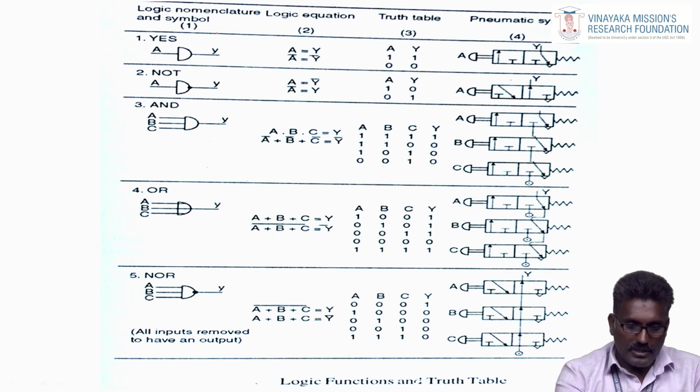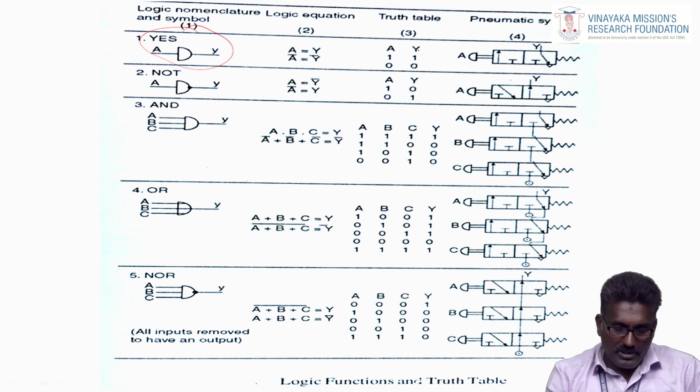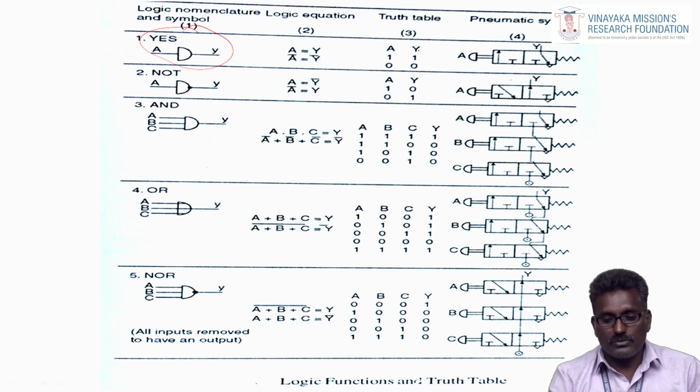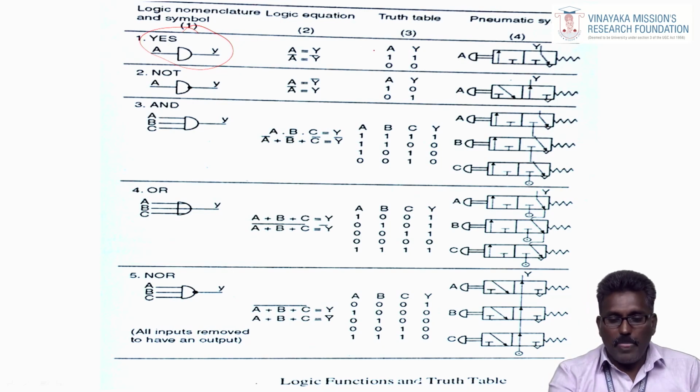The corresponding electronic logical symbol is shown here, with the logic equation and the truth table, and we are discussing the logic function and truth table for designing the classic circuits.